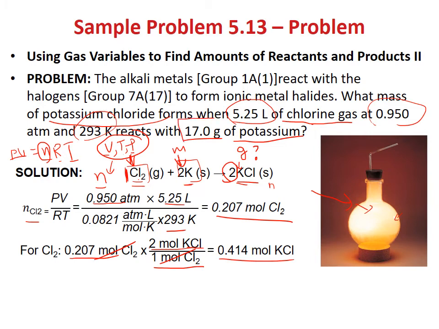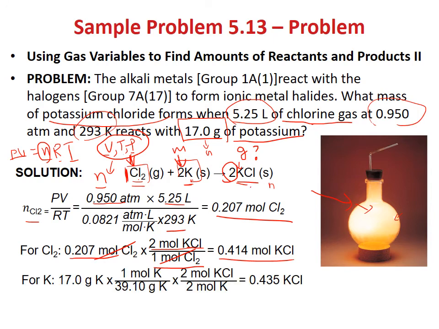Next, we calculate product from potassium. We have 17 grams. We also need to convert to moles, and then from moles of potassium to moles of potassium chloride. So 17 grams of potassium divided by the molar mass, 1 mole of potassium per 39.10 grams of potassium. So grams of potassium cancel, giving you moles of potassium.